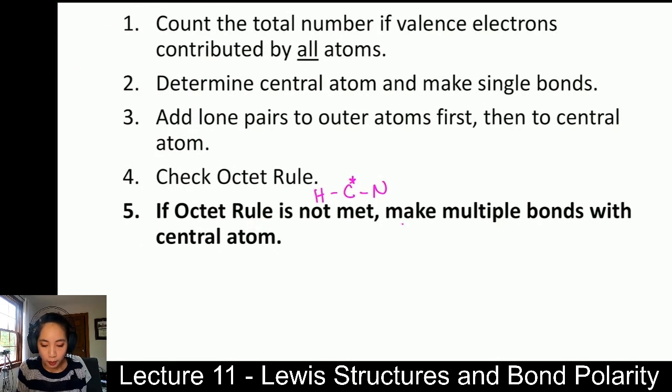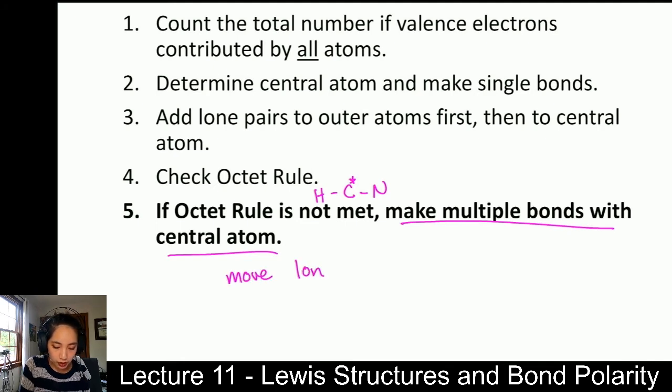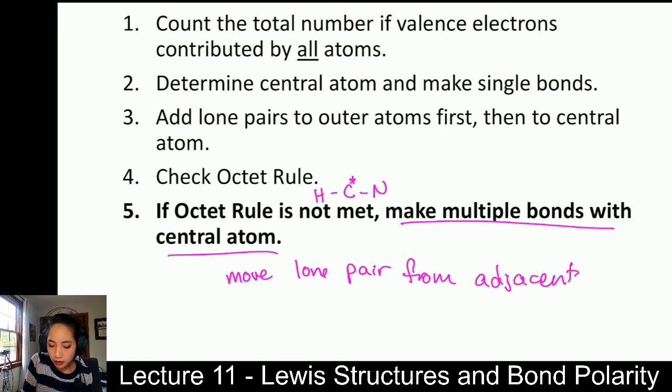So you want to make multiple bonds with the central atom. And how we do that is essentially move lone pairs from adjacent atoms to form a multiple bond.